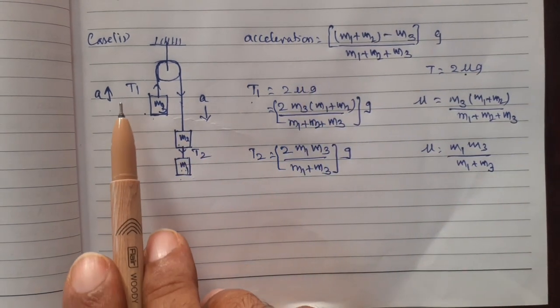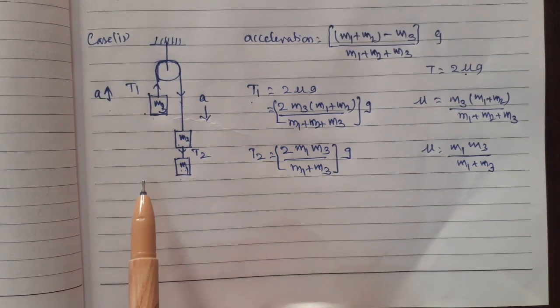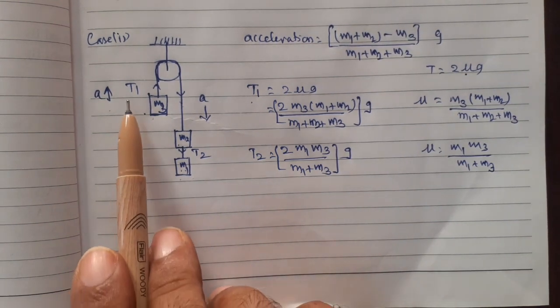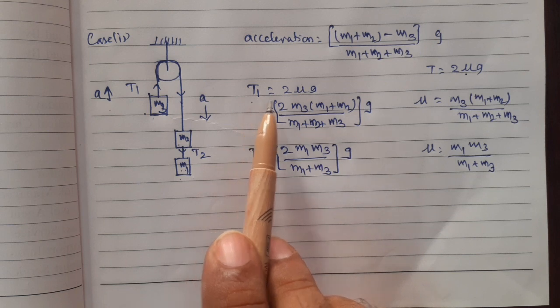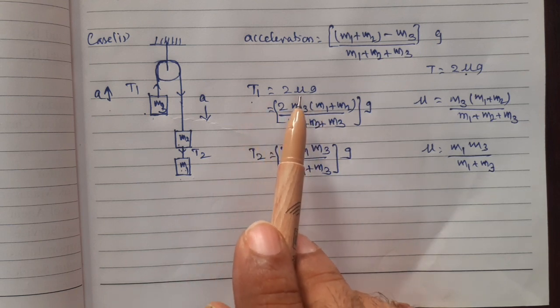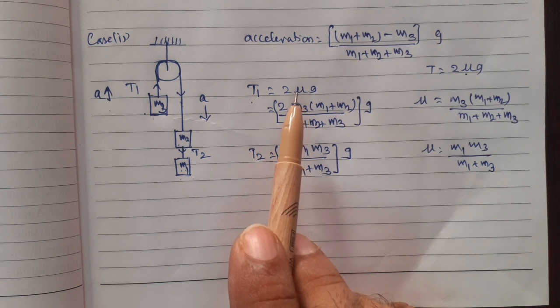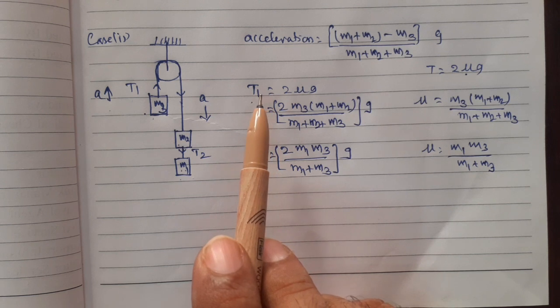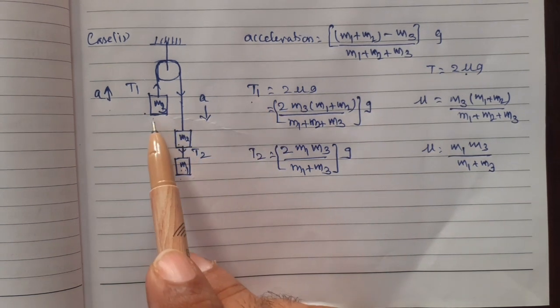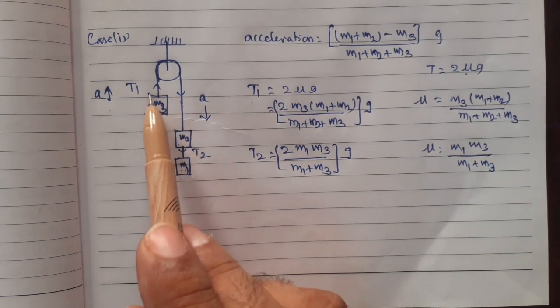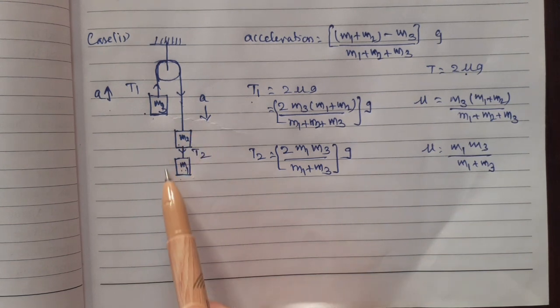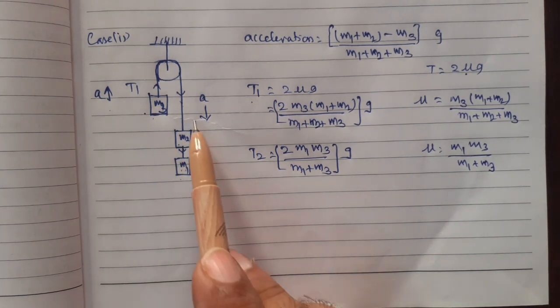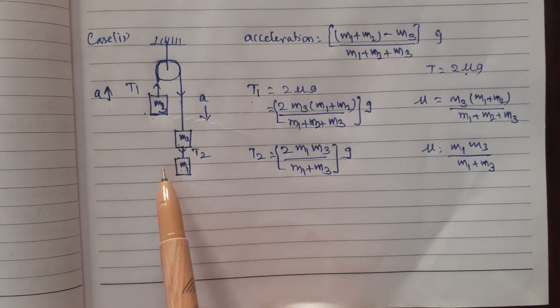Now we have to calculate the tensions T1 and T2. The tension T1 is equal to 2 mu G, where mu is the reduced mass. How can we write the reduced mass in this case? I consider m1 plus m2 together as a single mass. This is one mass and this is the other mass.